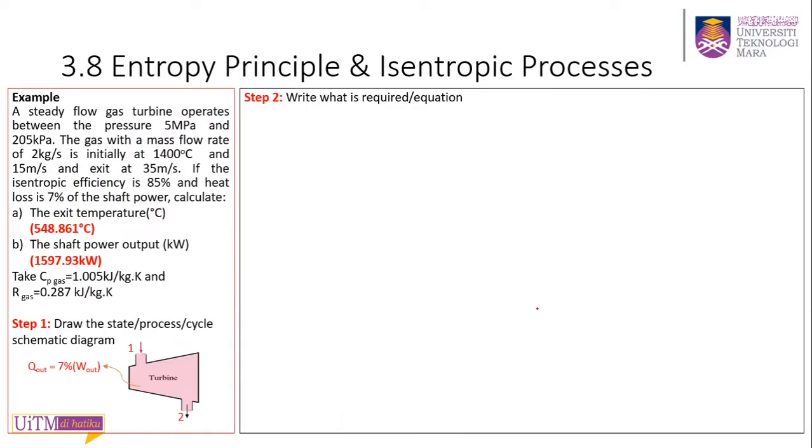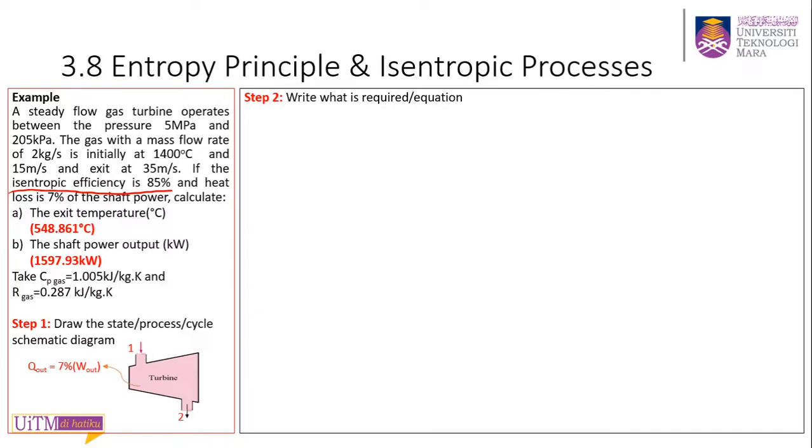Okay, now let's look at the first example for turbines on how to apply the isentropic efficiency equation. You can pause the video to read and understand the question properly. Now, before we proceed with step 1, it must be highlighted that since the question involves the isentropic efficiency for steady flow devices, all items asked in the question must be based on actual conditions.